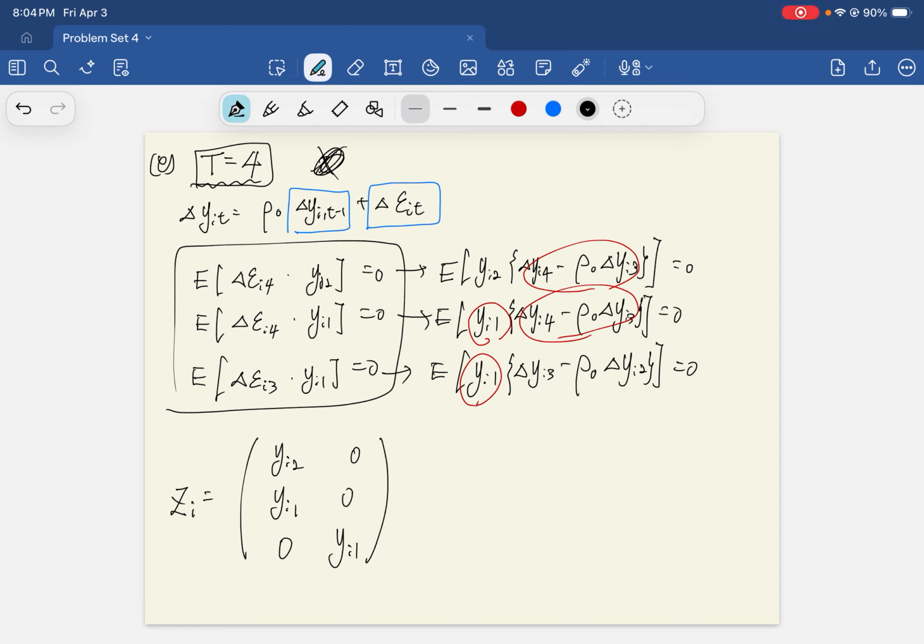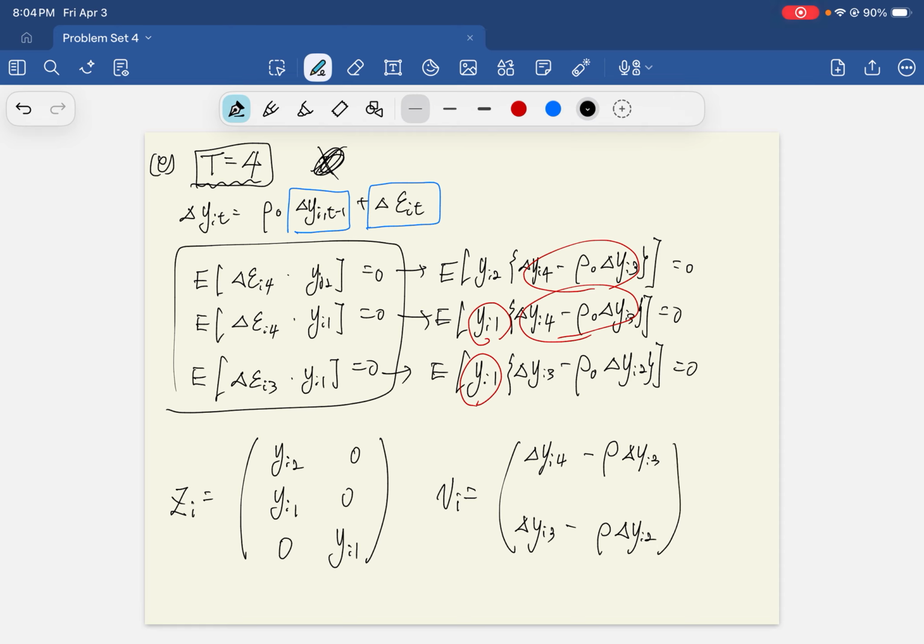And then I'm going to define delta epsilon, following their notation, as V_i, which is delta y_i4 minus rho delta y_i3, and delta y_i3 minus rho delta y_i2.